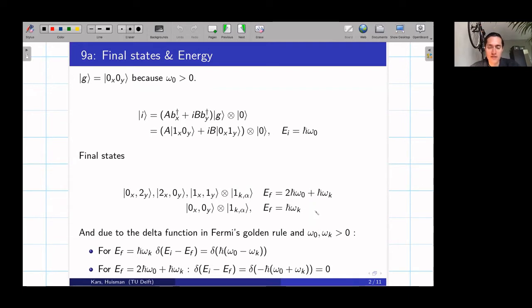Due to energy conservation, because the argument of the delta function here can be positive or negative, whereas here it's always positive for these states. It's always positive, and therefore the delta function will always be 0. So due to energy conservation, only this one is a final state that is allowed.